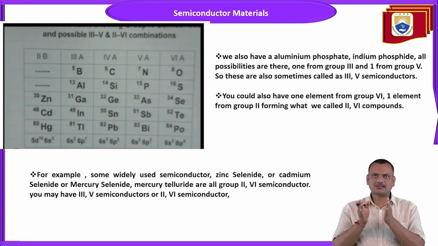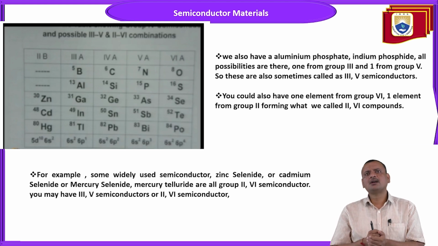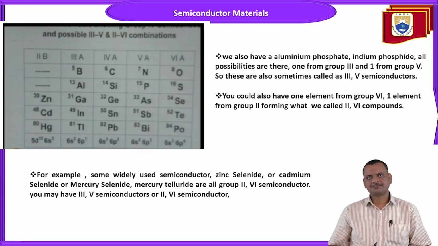Once they added third group elements with fifth group elements, they got semiconducting properties, like gallium arsenide, indium phosphide, aluminum arsenide, aluminum phosphide, and many more. They expanded their thought and started mixing second and sixth group elements, and again got semiconducting behavior. Sometimes they even perform better than the fourth group elements.